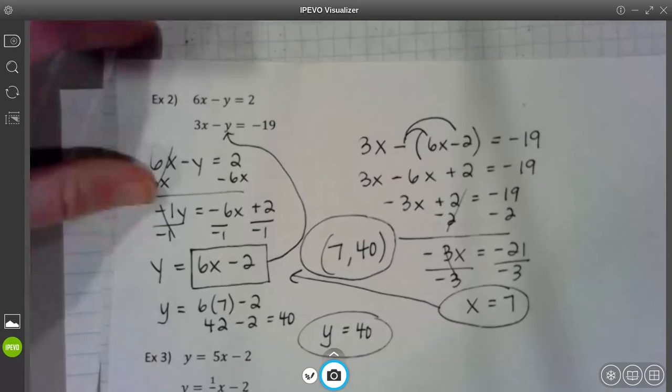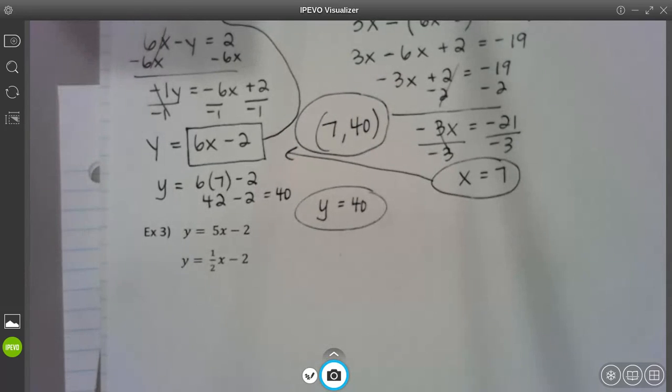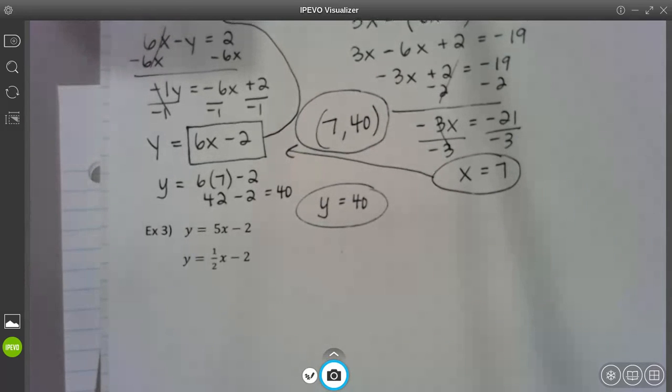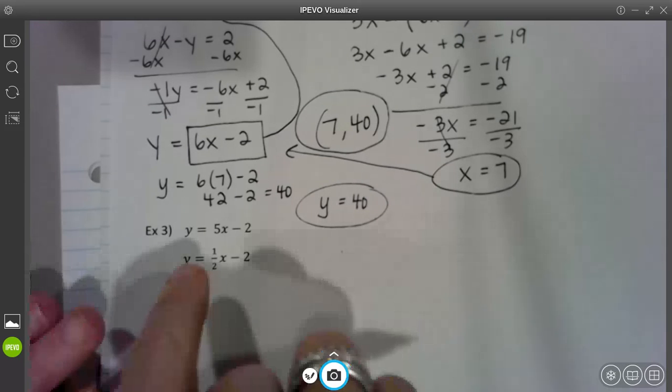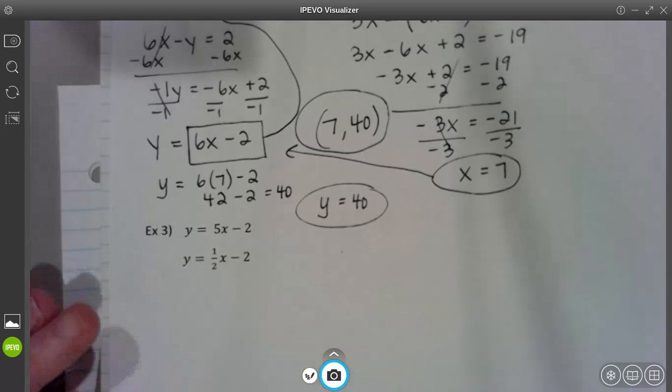All right, look at example 3. This is my favorite kind of substitution problem. If they're going to do one like this for you, these are the easiest. They are by far the best. All right, look here. If they set up the problem like this and they ask you to solve it by substitution, look what you're going to do. Normally, in order to solve something by substitution, I need to know what x or y is equal to, right?